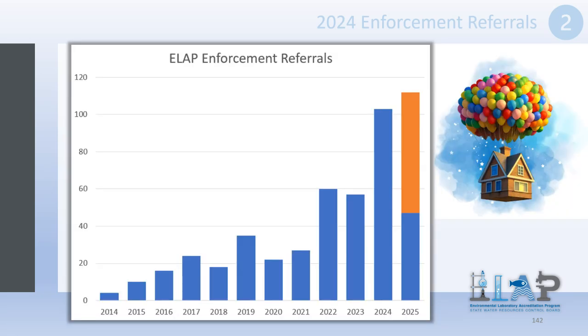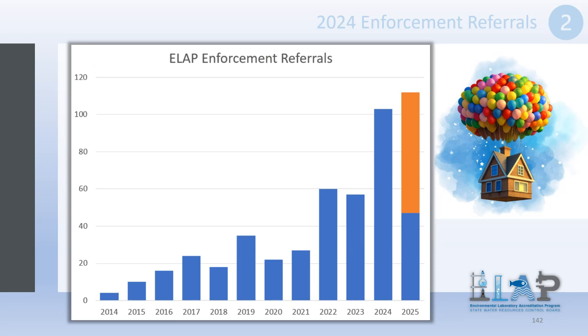The bar in orange is just a projection from what we've currently seen in 2025. But definitely the trend is up. We expect that trend to plateau and eventually decrease once labs get settled in.